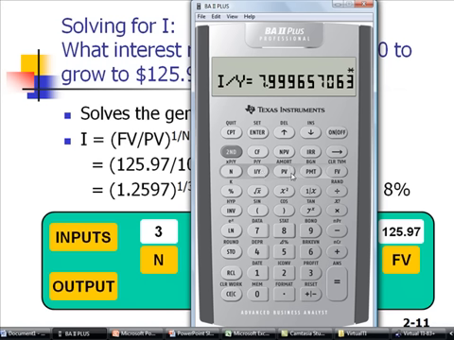Now, one thing that you also have to be careful about is that minus sign issue I just mentioned. What would happen if you didn't put the minus sign there? What would happen if instead of putting minus 100, you put in just 100 for your present value, and then you tried to go ahead and compute that interest rate?